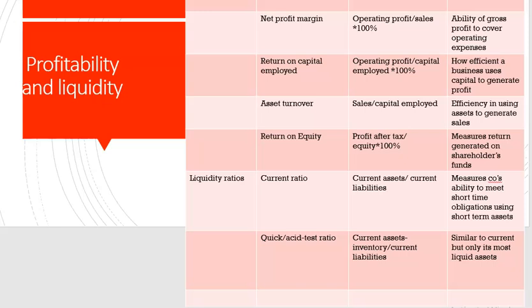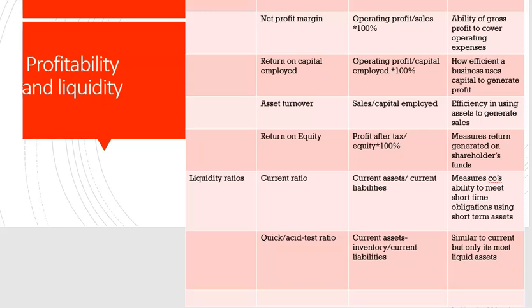So the short-term assets like inventory, receivables, cash, are they going to manage settling our short-term obligations like payables, short-term loans, overdrafts? That's the current ratio. So basically, the rule is that current assets should at least exceed current liabilities by 1.5 times.